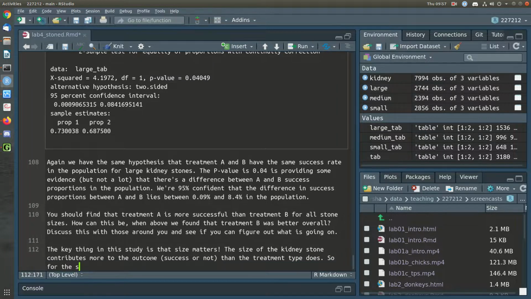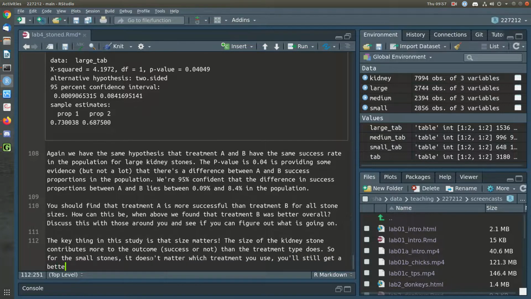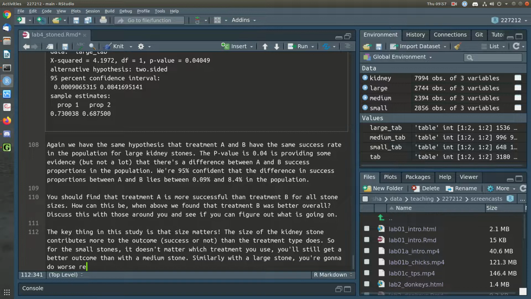So for the small stones, it doesn't matter which treatment you use, you'll still get a better outcome than with a medium stone. Similarly, with a large stone, you're going to do worse regardless of which treatment you use.